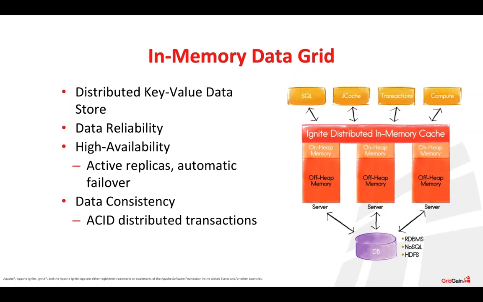It provides you with the ability to set a number of backups for your data set, which means that at every given point of time, every key will be stored on a primary node that hosts the primary copy of the key, and there may be one or more backup copies of the same key located cluster-wide. This is essential when you want to get high availability and fault tolerance guarantees from the data grid.